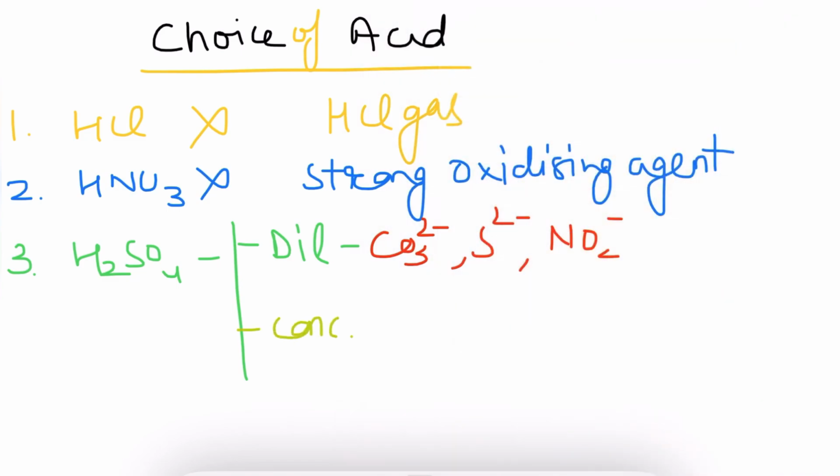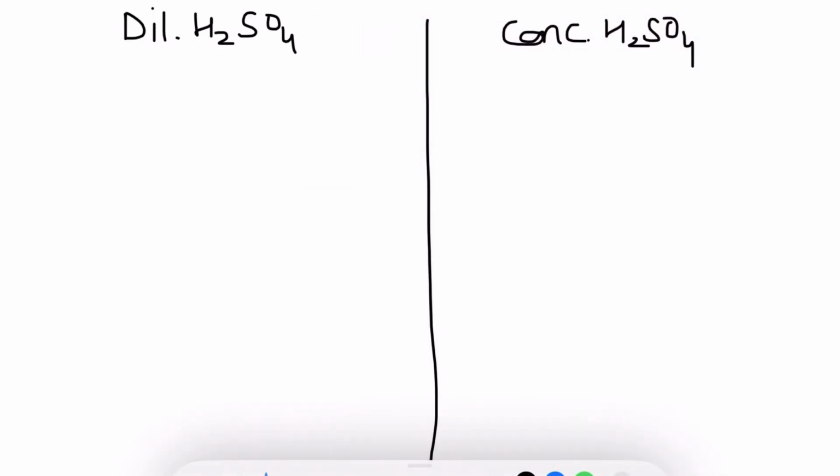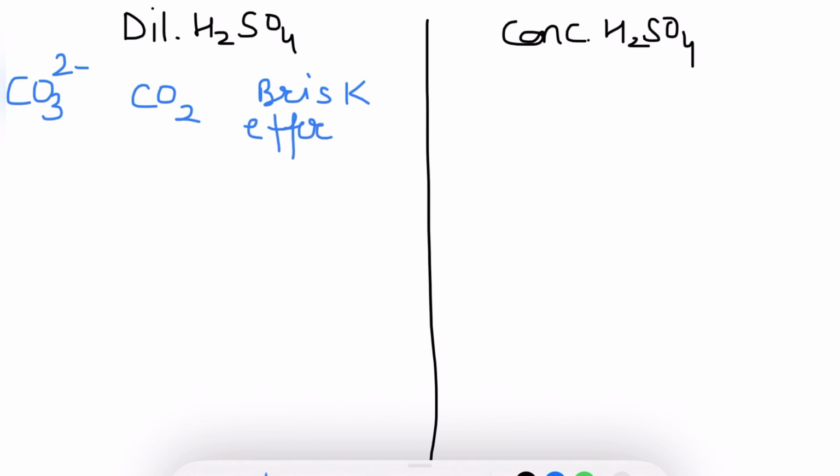And a few radicals like chloride, bromide, nitrate, acetate, iodide are detected with the help of concentrated sulfuric acid. In dilute sulfuric acid, the carbonate radical produces carbon dioxide gas. A brisk effervescence is produced in this case.